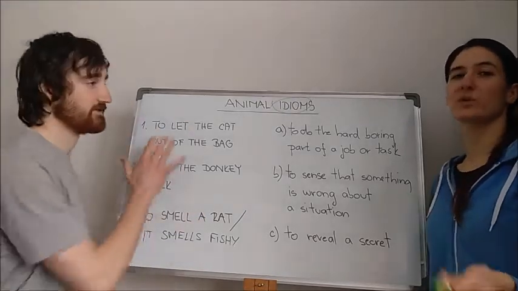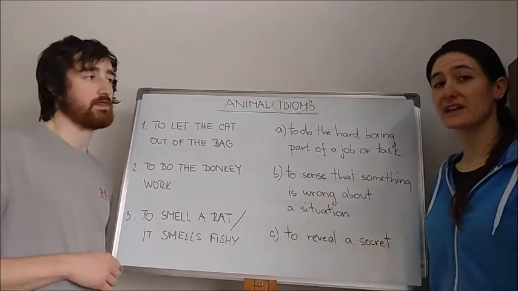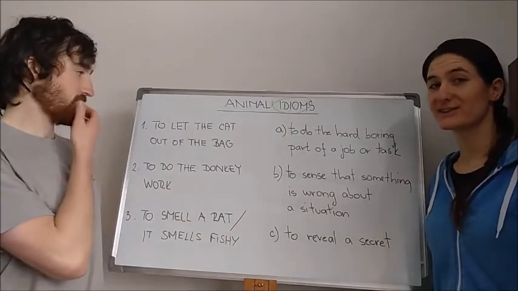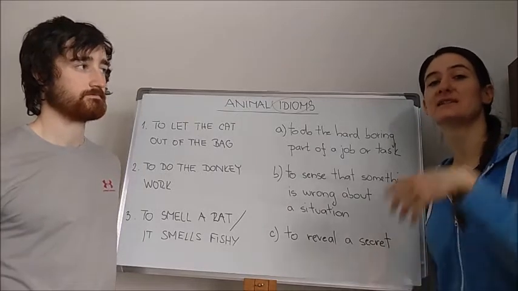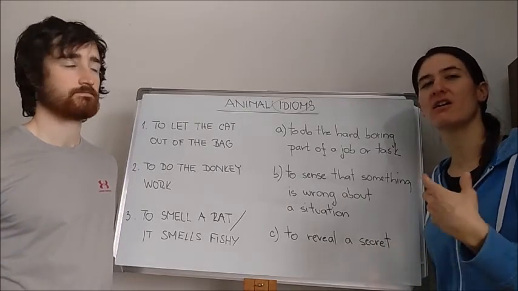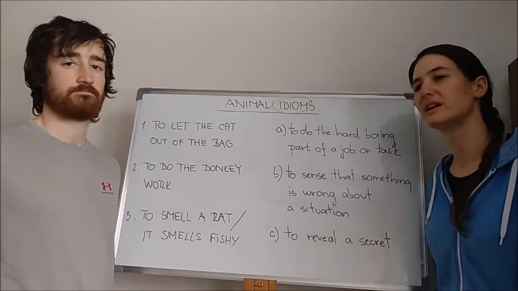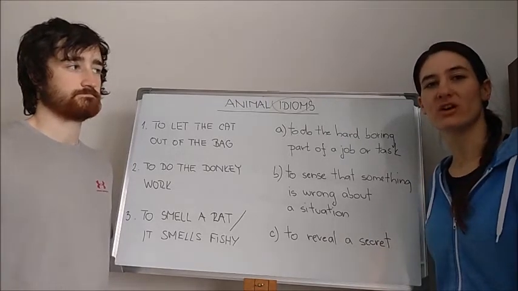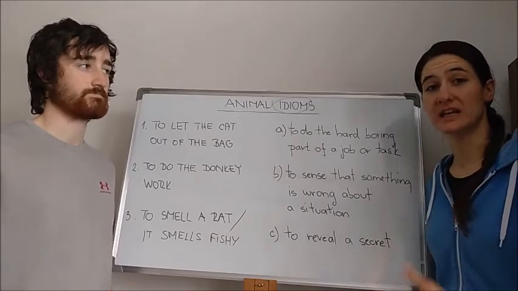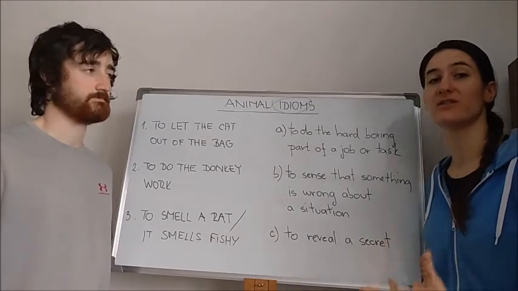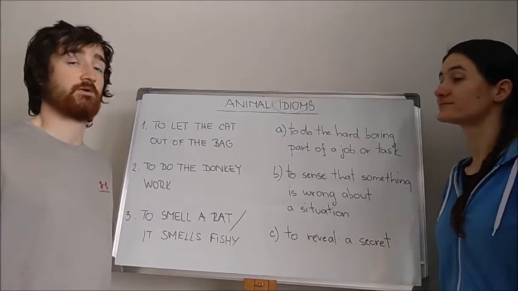So yeah, for example, it's raining cats and dogs. It's not really raining cats and dogs, right? But it means that it's raining a lot. If you say, oh, it's a horrible day today, it's raining cats and dogs, it means it's a horrible day today because it's raining a lot. Yeah, it's raining heavily. And actually today it's snowing cats and dogs.